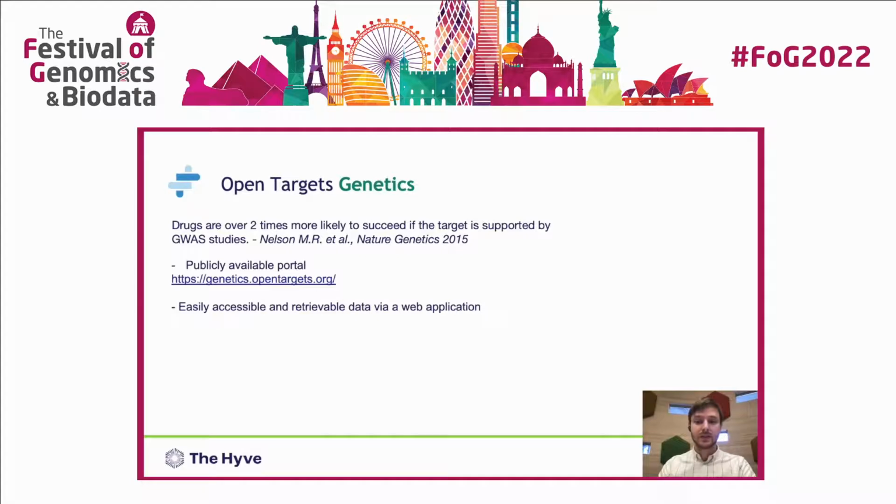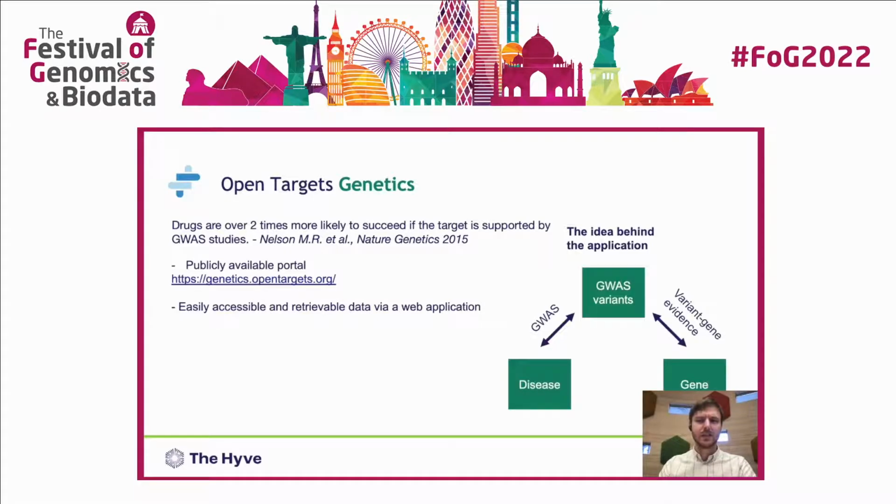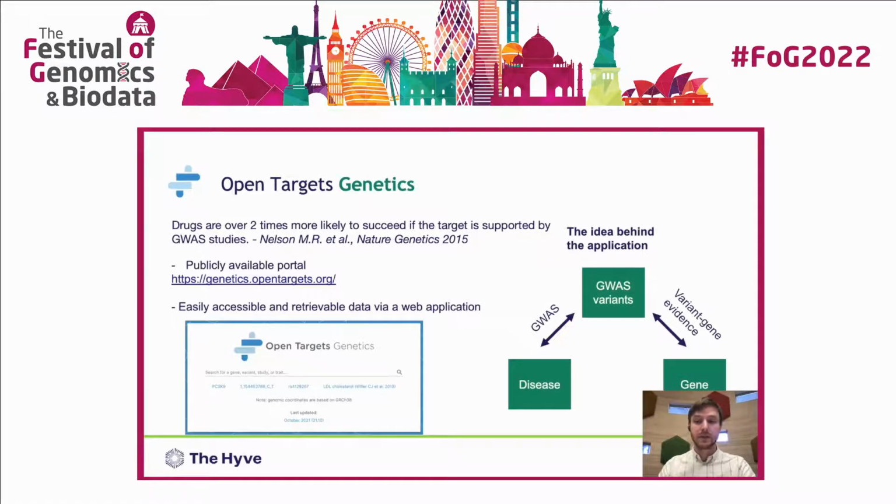The largest difference is that Open Targets Genetics associates genes with diseases extracted from GWAS studies, and the variants detected by GWAS are linked to genes via multiple data sources, such as the genomic distance to a gene and chromatin interaction. Just like the Open Targets Platform, Open Targets Genetics has a web application that makes the data easily accessible and retrievable.